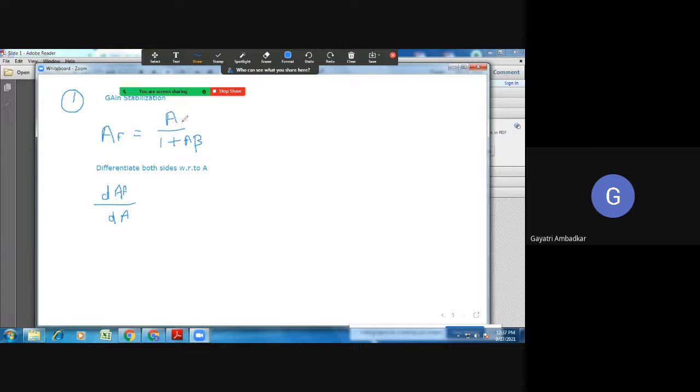Let's call this equation 1. If you find the derivative of this, you can apply the u by v rule.